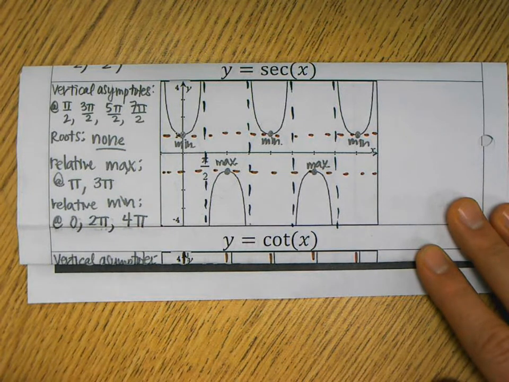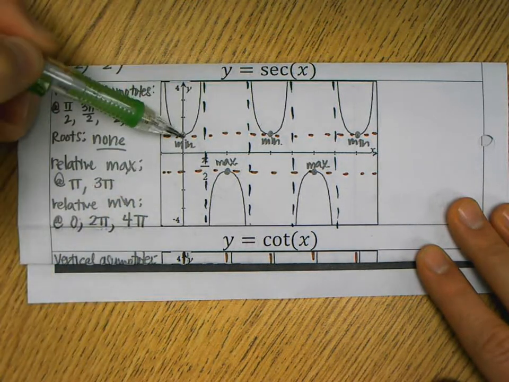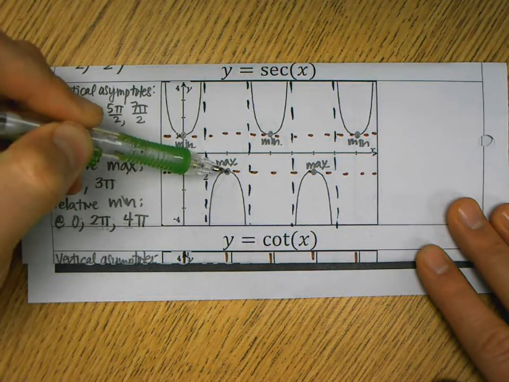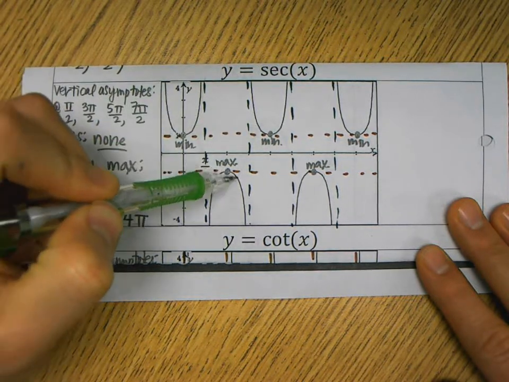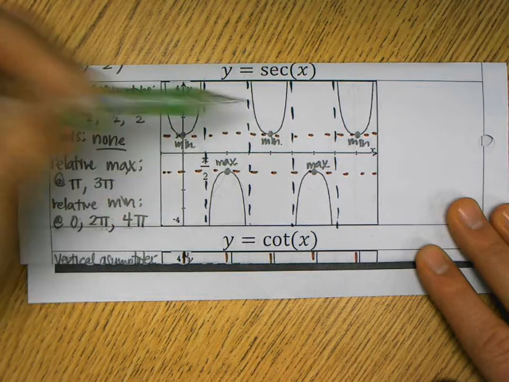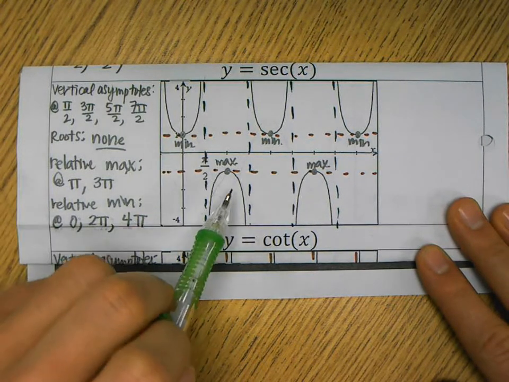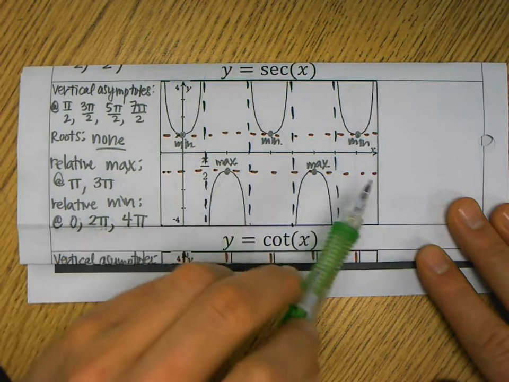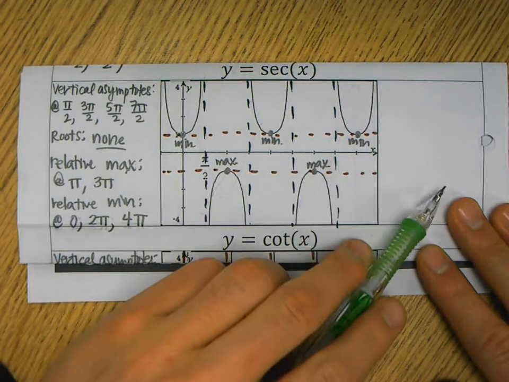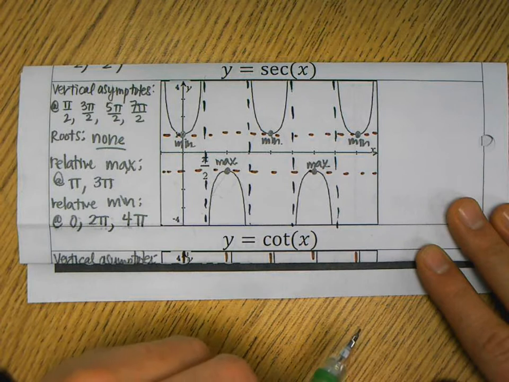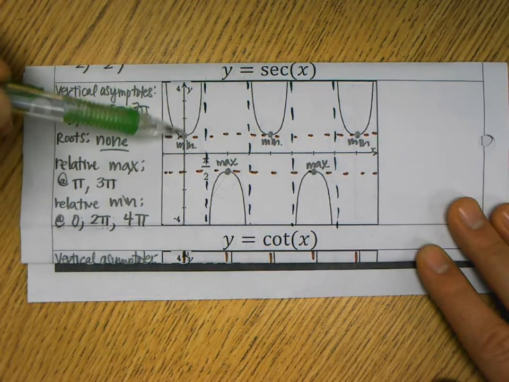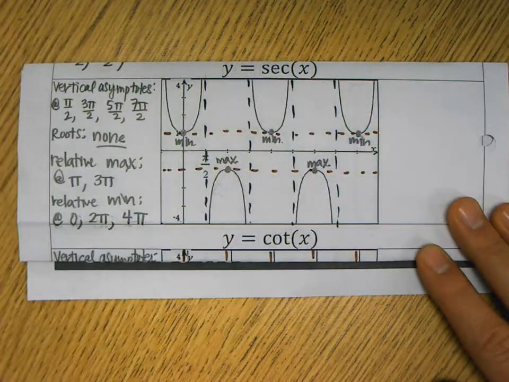It increases from 0 to pi and decreases from pi to 2 pi. The coordinates of the relative maximum points for this graph are at pi, 3 pi, and would be 5 pi. The local relative minimums are at 0, 2 pi, 4 pi, 6 pi, the even values.